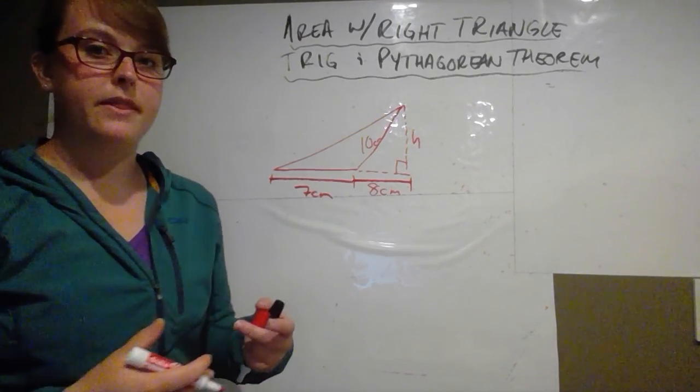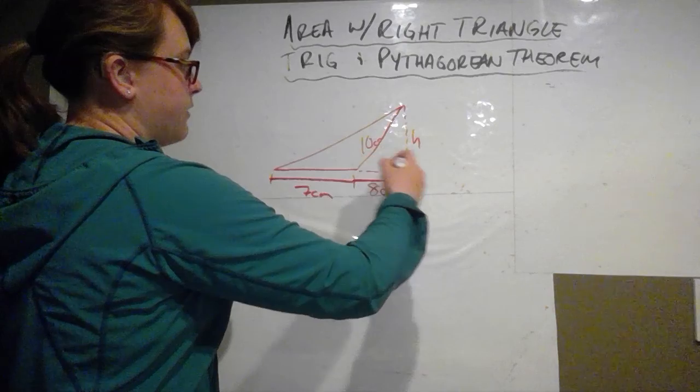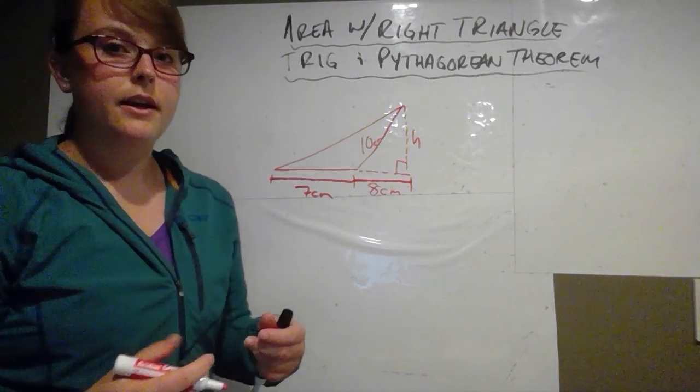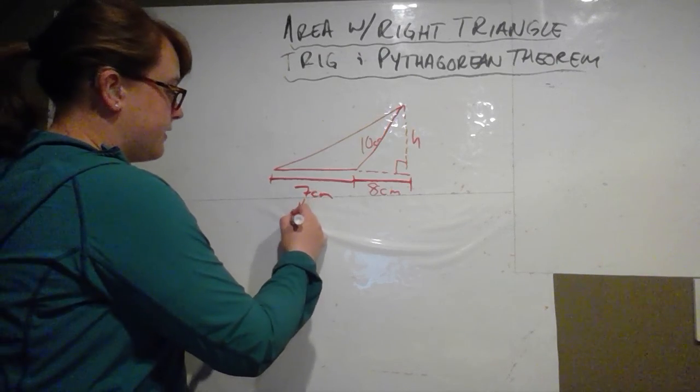So you would have to use Pythagorean theorem on this triangle here to solve for the height before you can use 7 as your base.